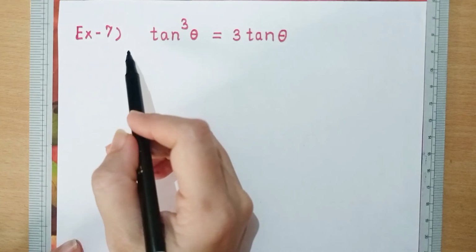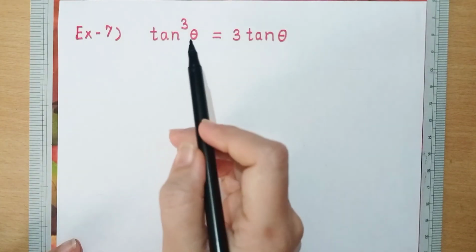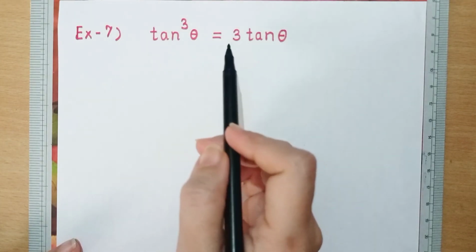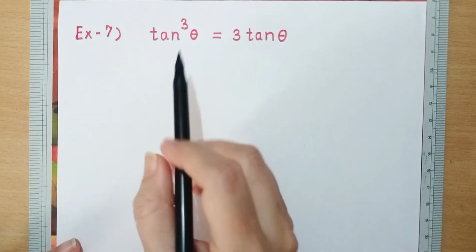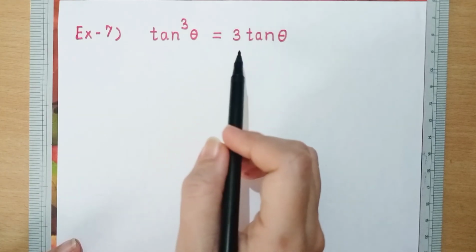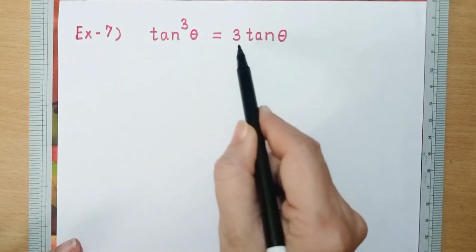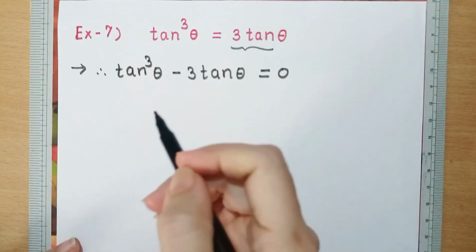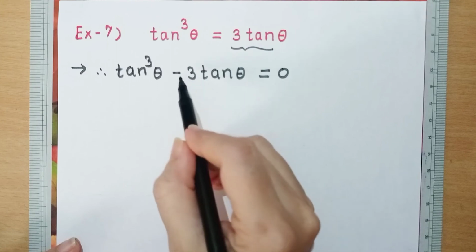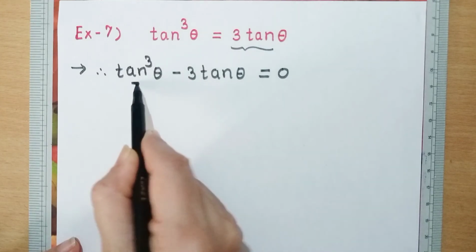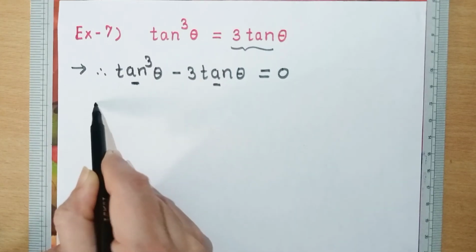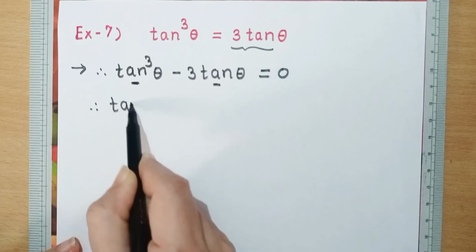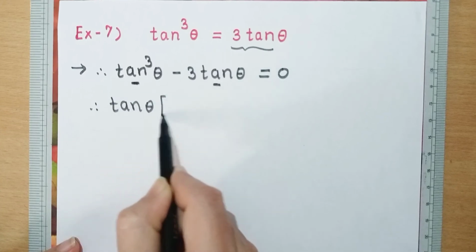This is our last example. Tan 3 theta equal to 3 tan theta, and we have to find the general solution of this. So first move this term to the left hand side. Therefore this term will become minus. Now from both the terms take tan theta common, and so we have tan theta in bracket.